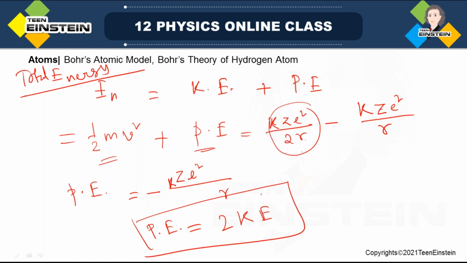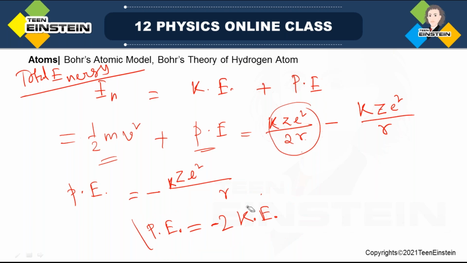So you can remember this concept: the potential energy of an electron in a particular orbit is twice the kinetic energy of that electron in that orbit, but with a minus sign, obviously. Potential energy is with a minus sign.